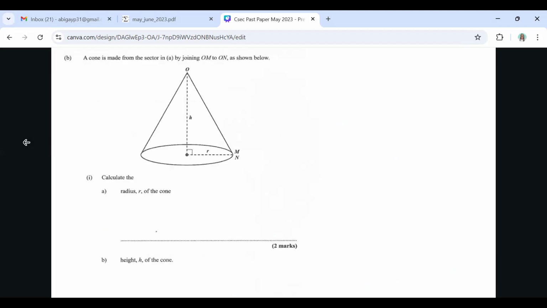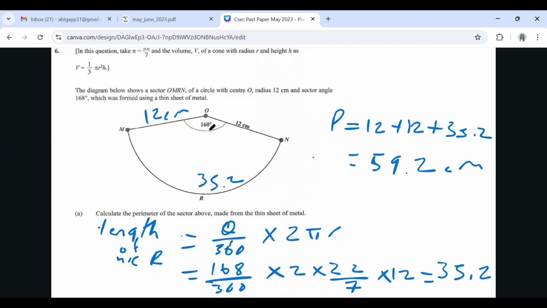Oh, all right. So they're giving us a cone made from the sector in A by joining OM and ON as shown below. Calculate the radius of the cone. Now, we're going back to here, and you're going to see that OM and ON are connected, and they make a cone.